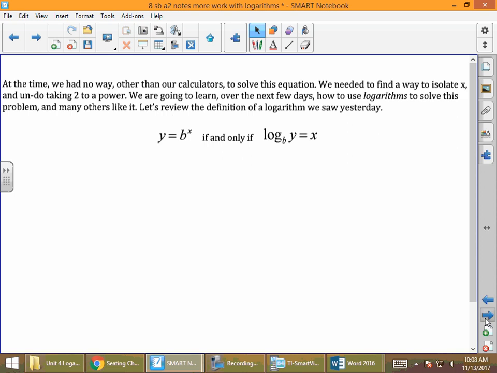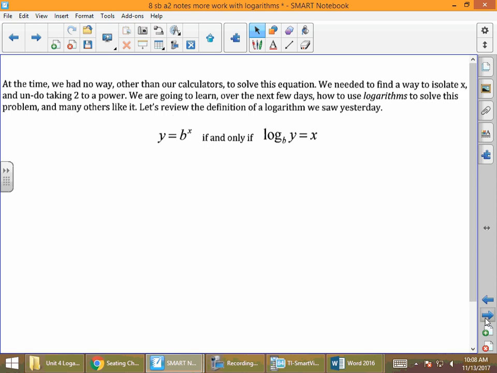And on Friday, we talked about logarithms a little bit at the end. And what we ultimately came up with, even though I got ahead of myself then, is that a logarithm is another way of writing an exponent. And in y equals b to the x, notice that the exponent on here is what the logarithm equals.